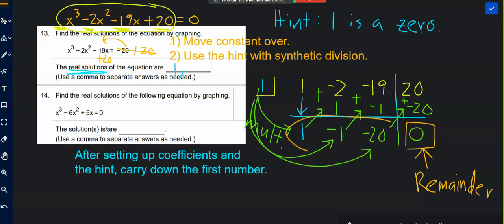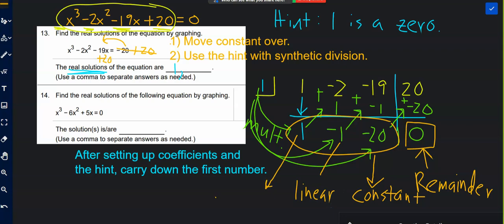So what is this stuff right here? Well, this is your constant. This is your linear. This is your quadratic.